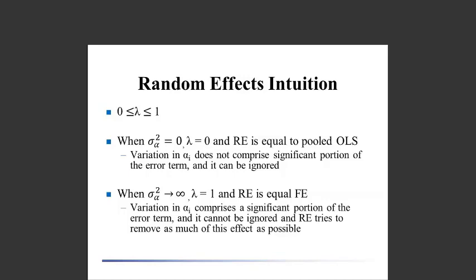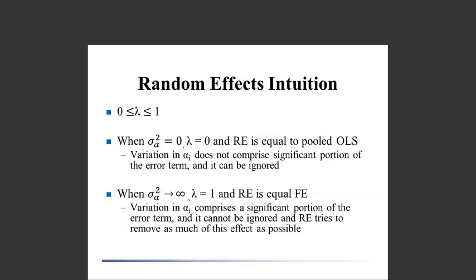And this means that variation in alpha does not comprise a significant portion of the error term, and we can simply ignore it, maybe. Meanwhile, when the variance of alpha is very large, then lambda will equal 1, and the random effects estimator is equal to the fixed effects estimator.